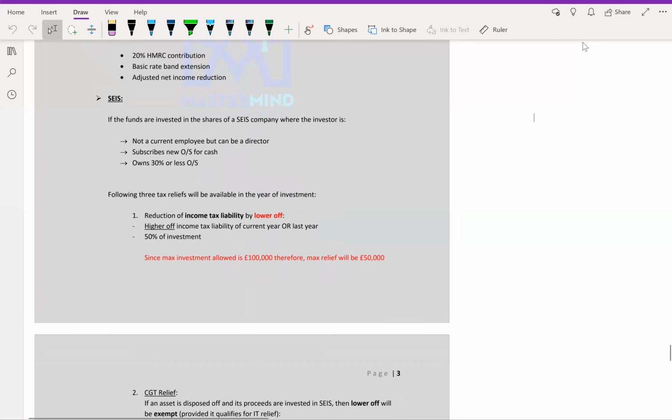So if a company raises money through the scheme, right, the people who are investing, the investors I'm talking about, we are studying for investors. All right. So the investors, number one, should not be a current employee of the company, but can be a director, right? Can be one of the directors, but not an employee, right?